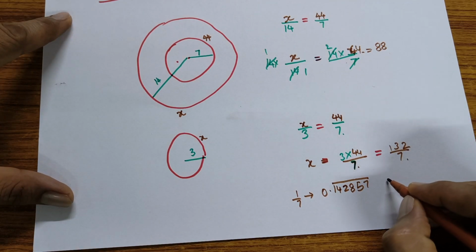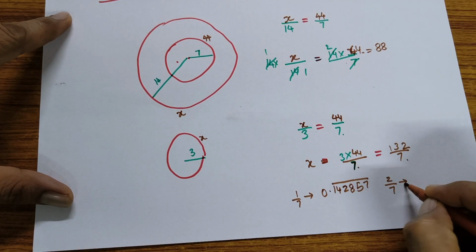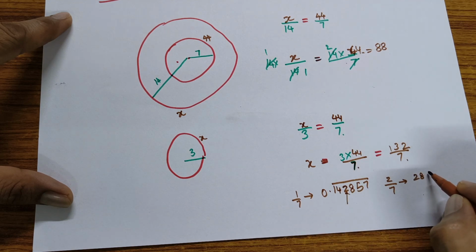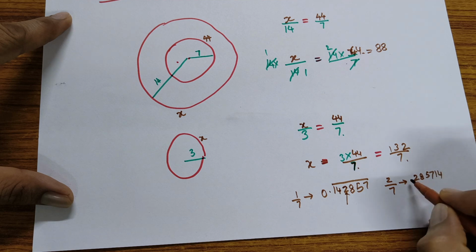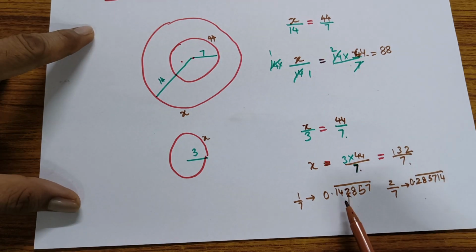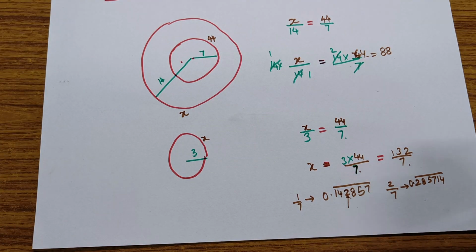And if you do 2 by 7, then it starts with the 2 and the same digits come, 285714. So 0 point, this will repeat, and so on. So if you know this pattern 142857, it repeats.